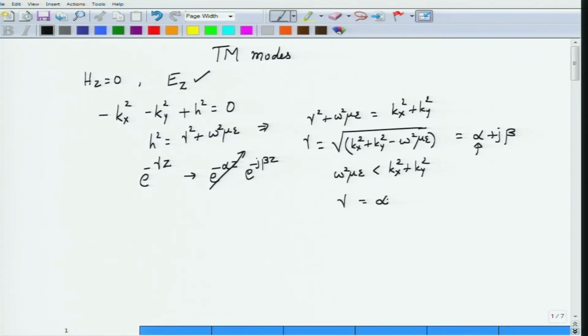There is no possibility of any wave propagating as long as this omega square mu epsilon is less than kx square plus ky square, assuming that kx square and ky square are constants.